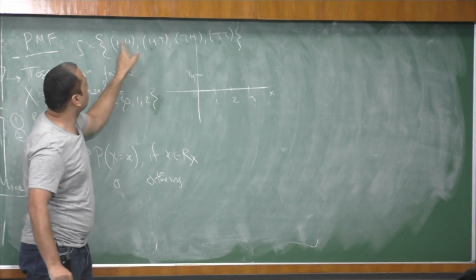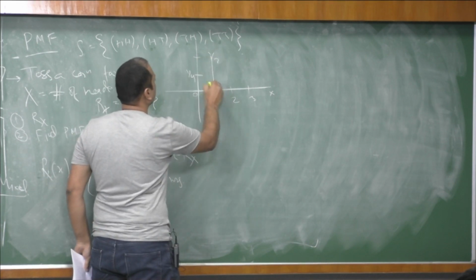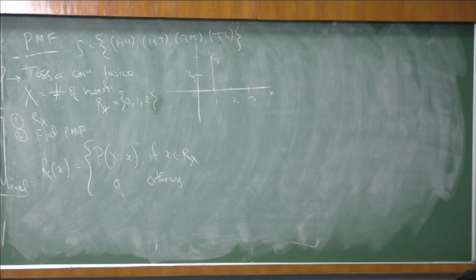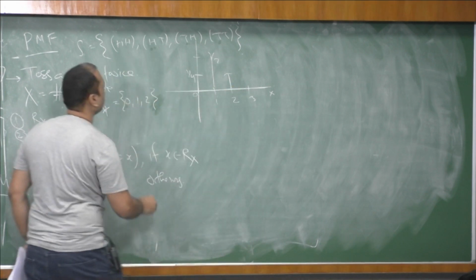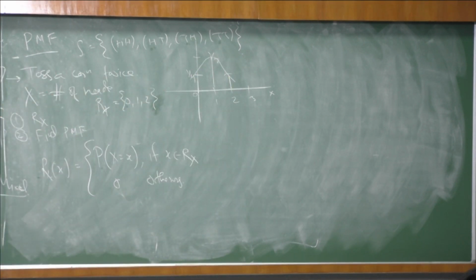That is this and this, so 2 out of 4, which is half. And for exactly 2 heads, again it's 1 over 4. So we have plotted this. This is discrete, so I should not make a curve like that, but it's just to see the pattern. These are called the PMF.